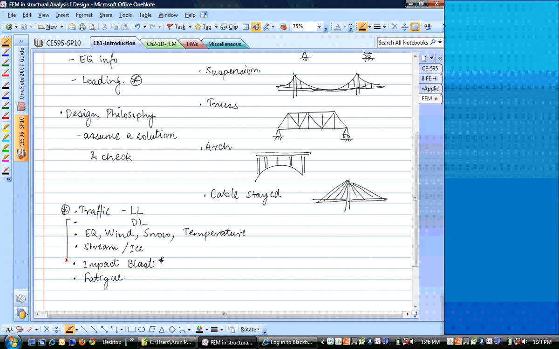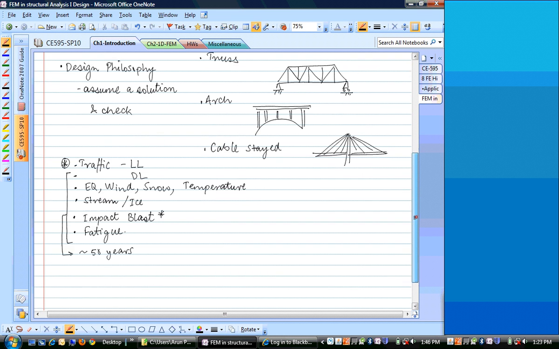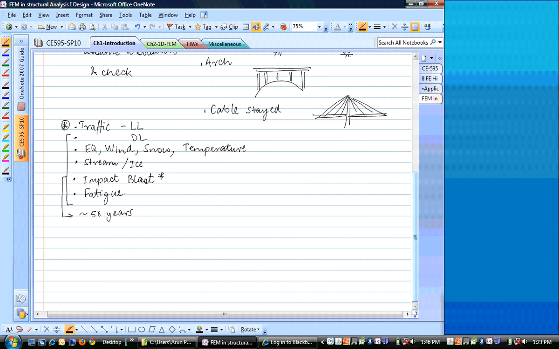And in addition to all that, we have to make sure that all these loadings can be sustained for some amount of time. So let's say 50 years. That's our design life for the bridge. So these are the types of loading that our bridge can sustain.